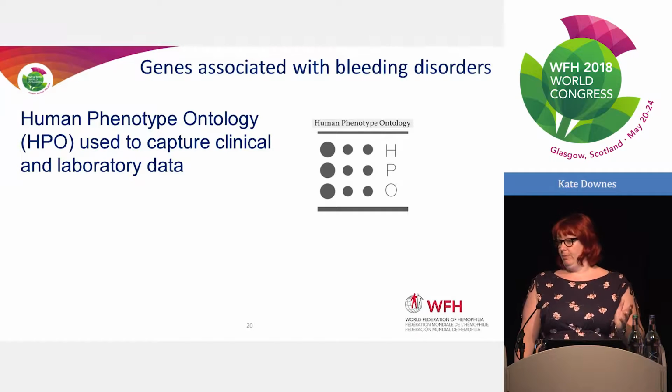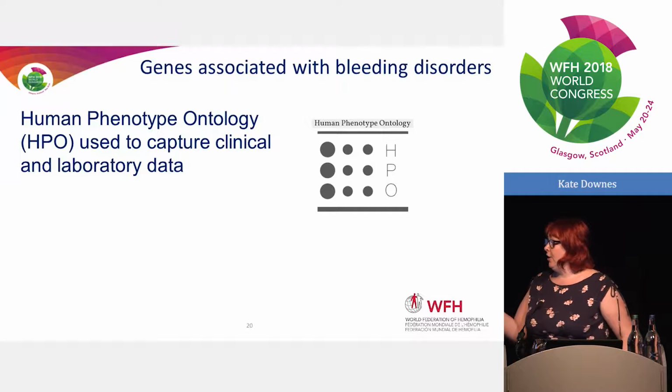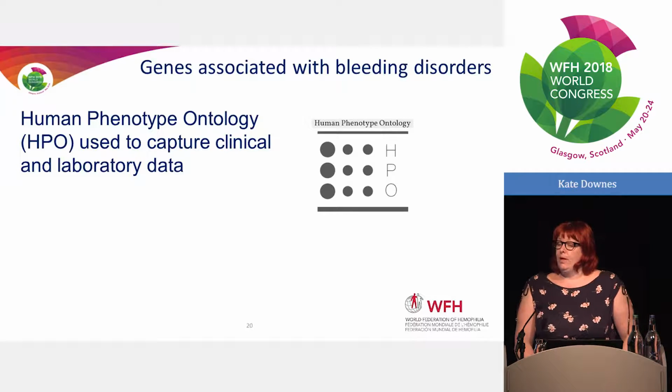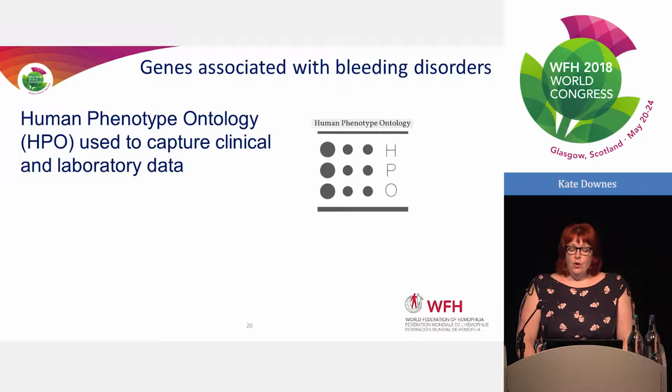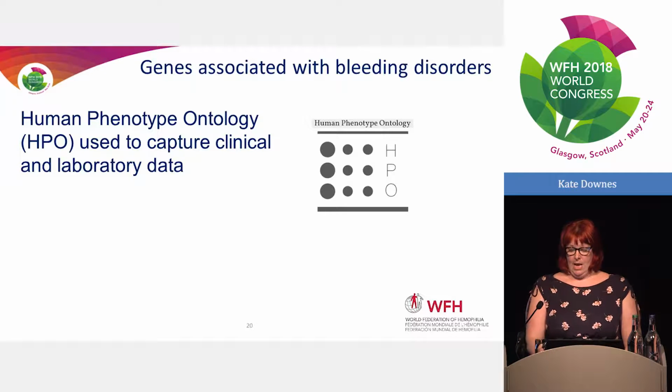I wanted to find people with bleeding disorders. And luckily, we code people in a very similar way to coding the pedigree. We code patient symptoms when we're performing our MDTs. So we use this thing called Human Phenotype Ontology, which has a code per term, to capture the clinical and lab data.